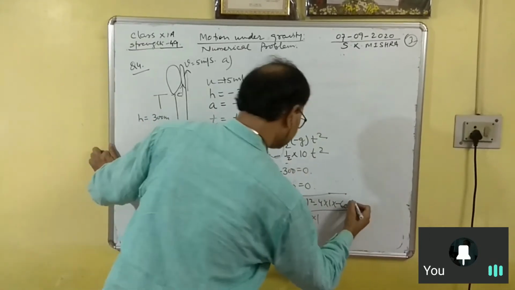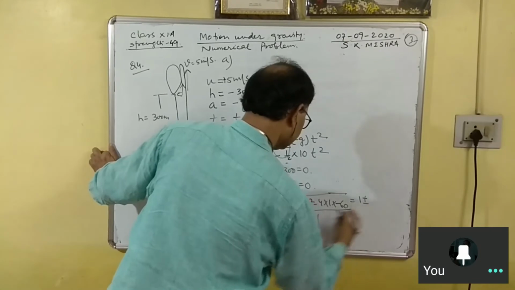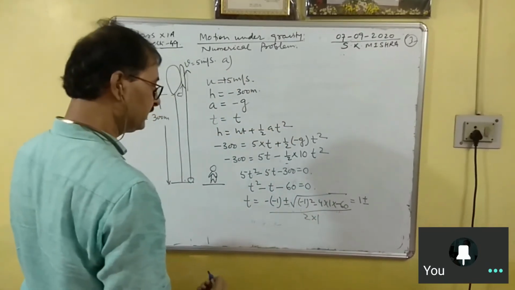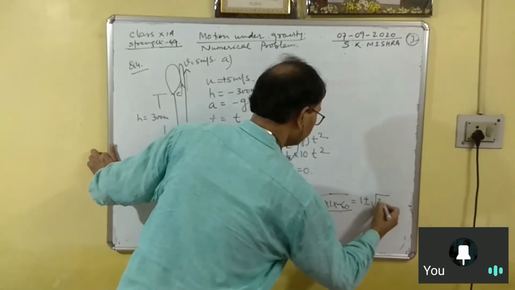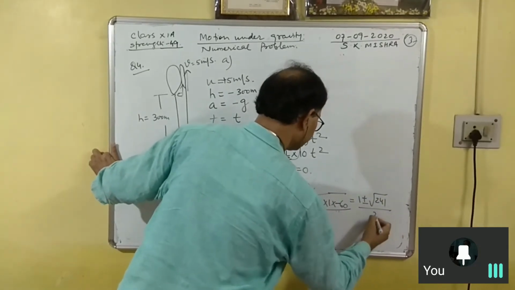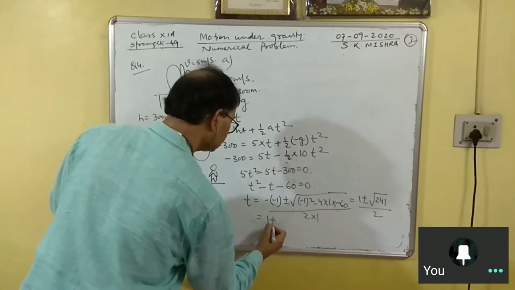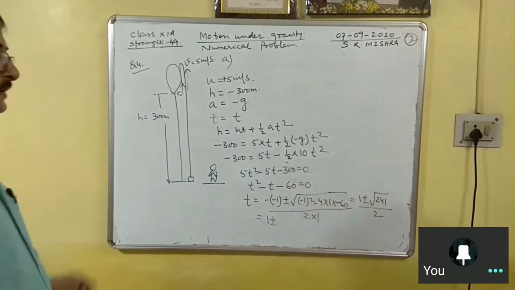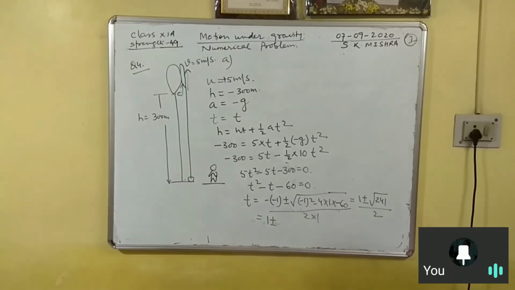So your answer comes to be 1 plus minus under root 241, that is 240 plus 1, divided by 2. So what is the square root of 241? Just tell me the approximate value of under root 241.